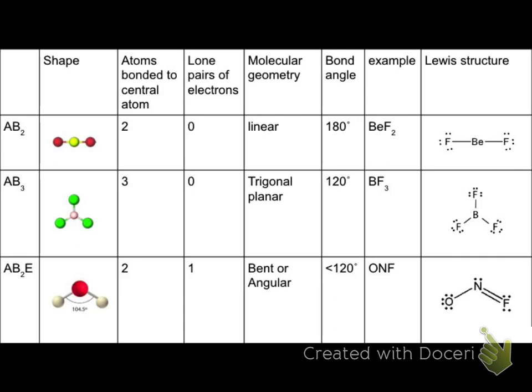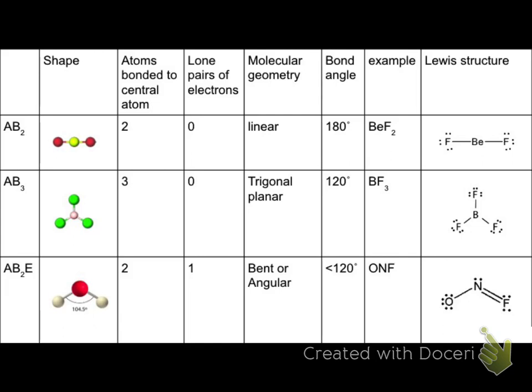Now we're going to add our first lone pair of electrons. Okay. We have an AB2E molecule. So this is a molecule where there's a central atom, there are 2 outer atoms, and then there's a lone pair also involved. You'll notice that the lone pair is not drawn on this picture, and that's because while we consider the lone pairs in terms of repulsion forces, they are not bonds, so they are not part of the molecule's molecular geometry.